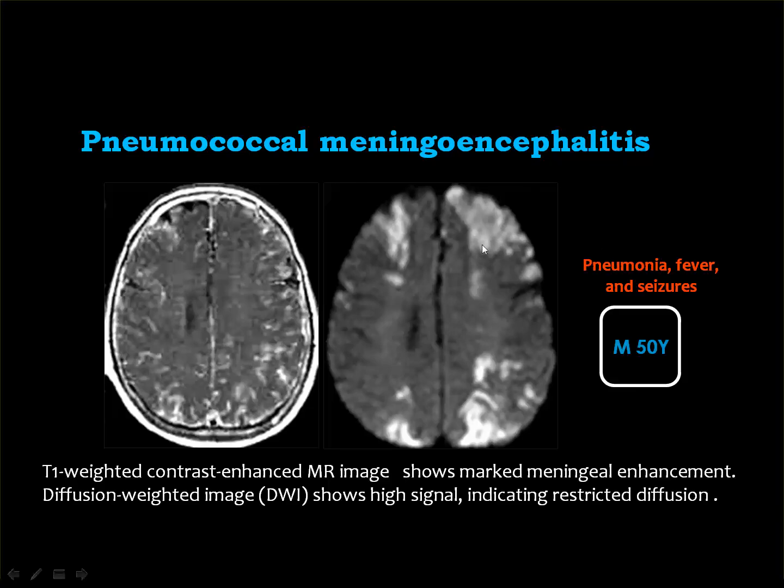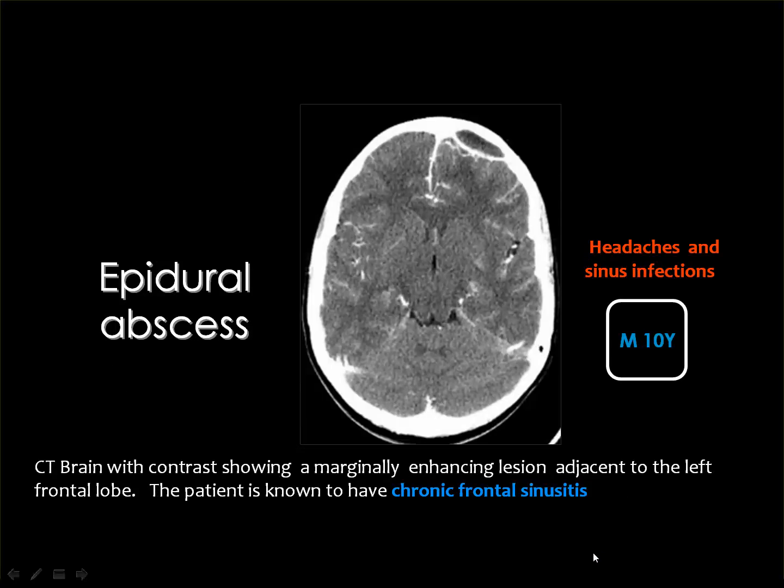And the diffusion weighted images are very helpful to see the involvement of the brain parenchyma due to inflammation, and the enhancement of the meninges and the leptomeninges due to meningitis. And this is an example of epidural empyema. You get accumulation of pus with enhancement of the margin of the empyema.